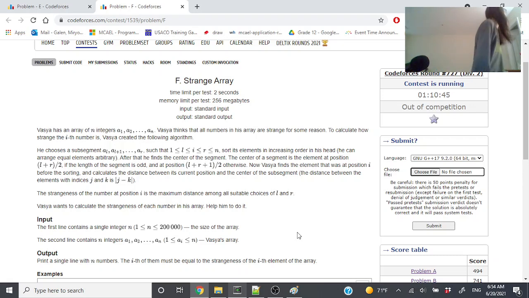L plus R plus 1 over 2. Right, okay. So that's the right at the middle. The maximum distance. Okay, that's kind of interesting.